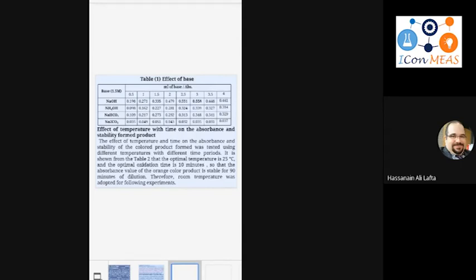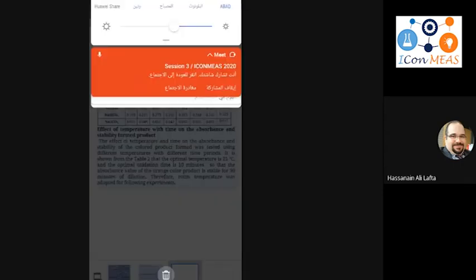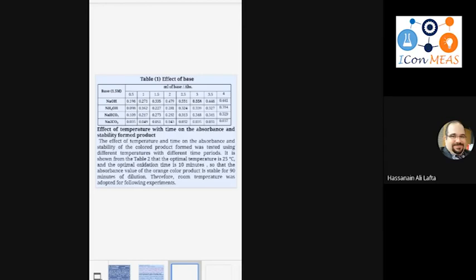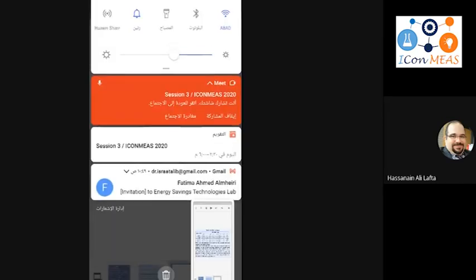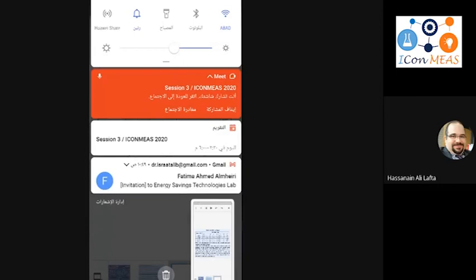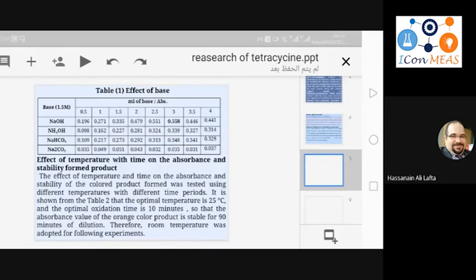Effect of temperature with time. The effect of temperature and time on the absorbance and stability of the colored product formed was tested using different temperatures with different time periods.